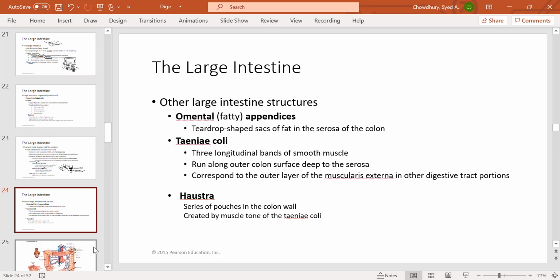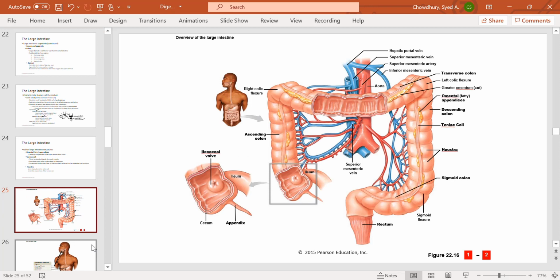Okay, now if you see the large intestine, this is the cecum, appendix, end of ileum. This is the ileocecal valve here. Now you see the ascending colon, this is the transverse colon, this is the descending colon, this is the sigmoid colon. Okay, now if you see the large intestine from outside, you'll see many pocket-like pouches.